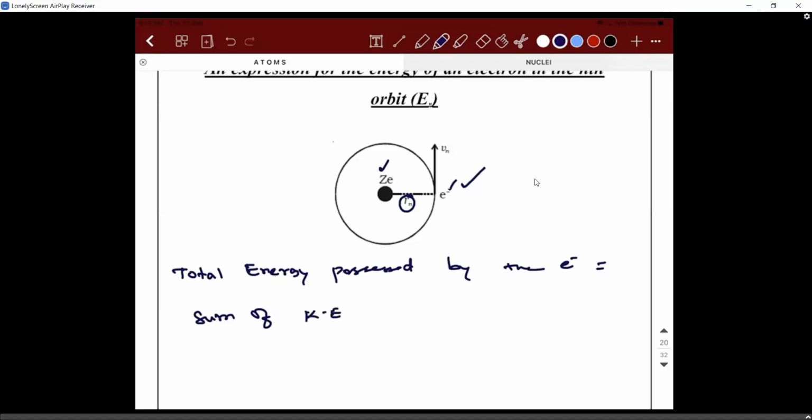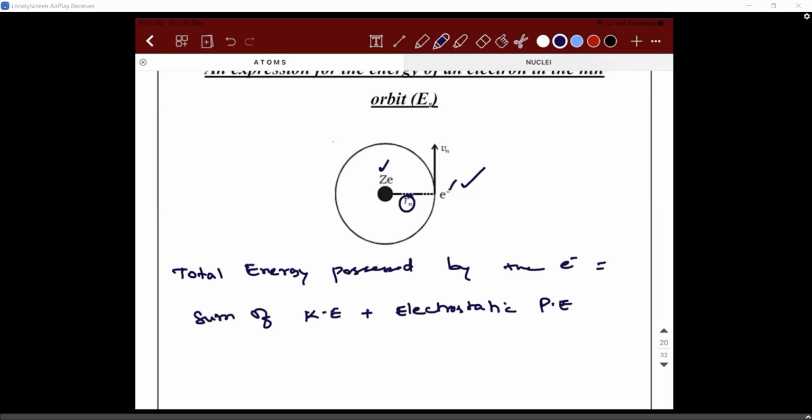Kinetic energy, because it has a velocity, plus potential energy. It is the electrostatic potential energy. Why is electrostatic potential energy existing? Because there are two charges. One charge is due to the nucleus and the second charge is due to the electron.